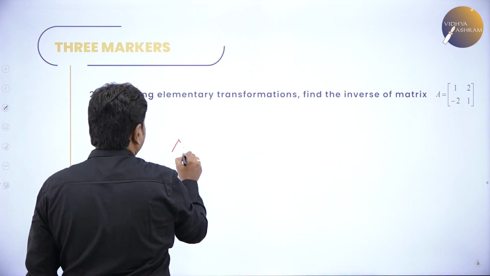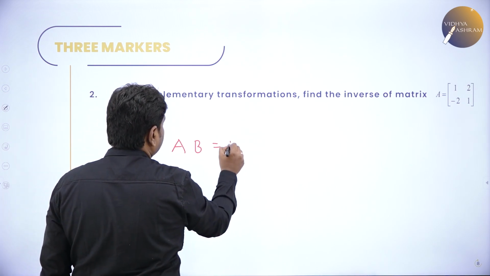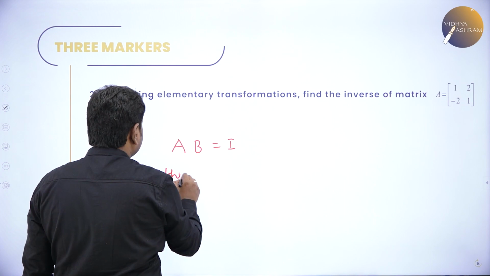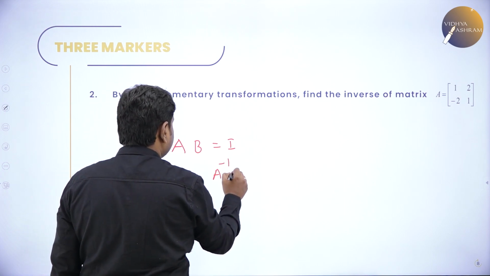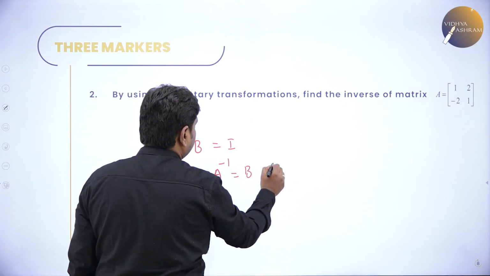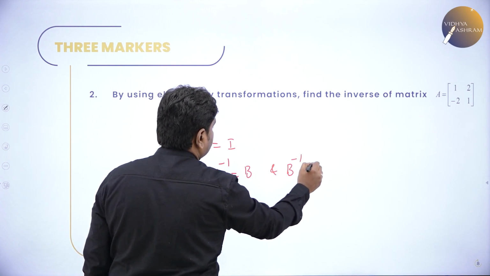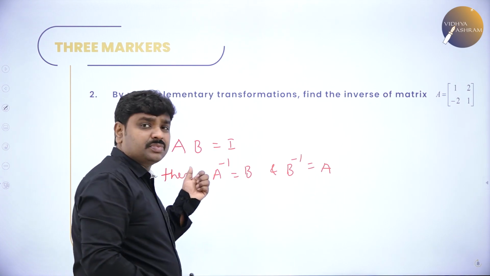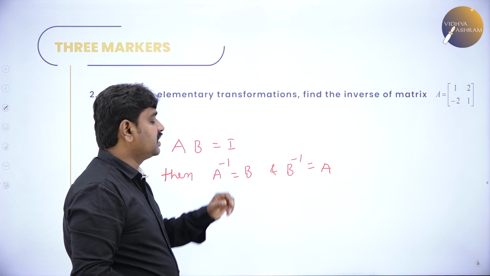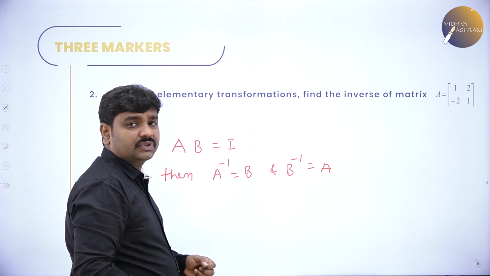So now A into B, if I am getting I, then we say A inverse is B and B inverse is A. It means a matrix multiplied by its inverse gives you identity. We read this as A inverse.